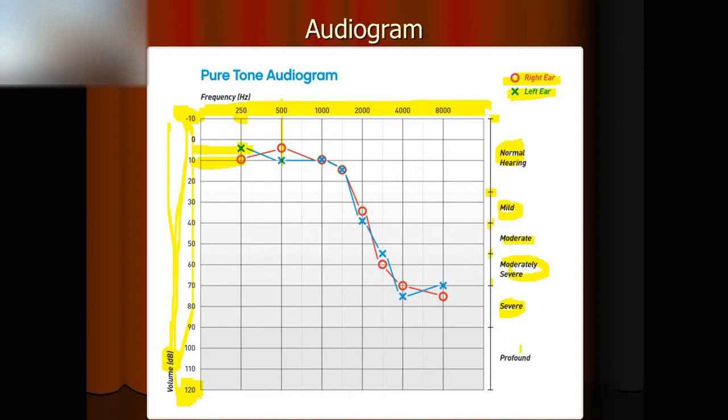Above 90, profoundly deaf. So that's how we categorize the hearing capability or the degree of hearing loss.